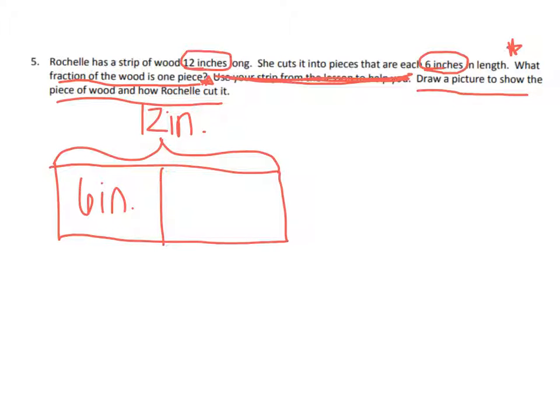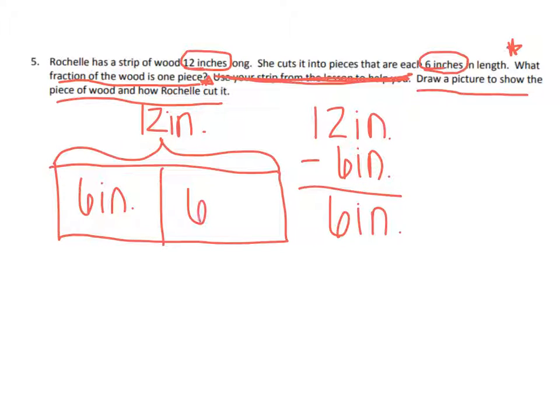So I have to think about what the other piece would be. So if I have a total of 12, and I already know that she had 6 inches, what is 12 minus 6? That is 6. So that means that she has 2 pieces that are 6 inches, which gives us a total of 12.